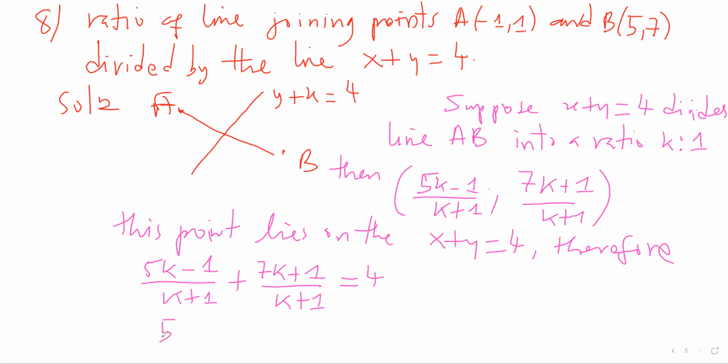And this will give us 5k minus 1 plus 7k plus 1 is equal to 4k plus 1.